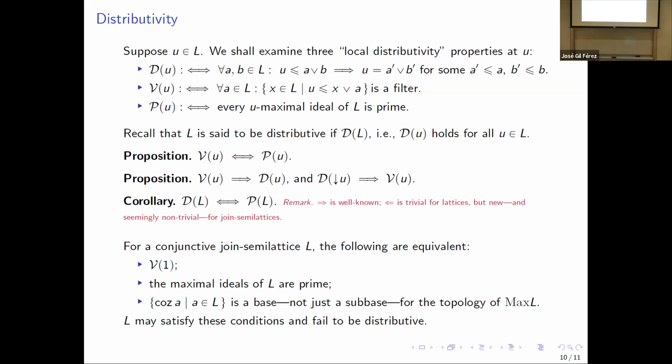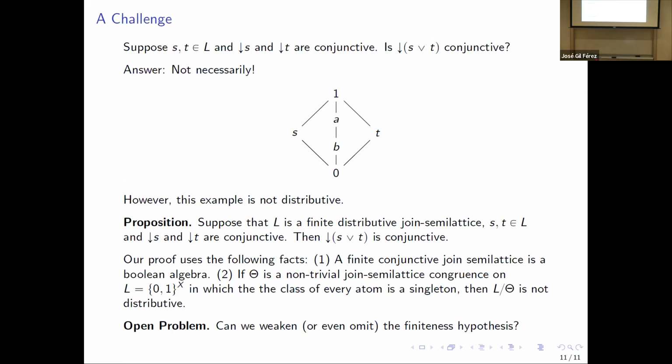For conjunctive join semilattices, the following are equivalent. V of 1, not V of the whole thing, but V of 1, is of course equivalent to all the maximal ideals being prime. But we can satisfy V of 1 without having distributivity in the whole join semilattice. That's an interesting case. Now here's the challenge, and this turns out to be a very difficult problem.